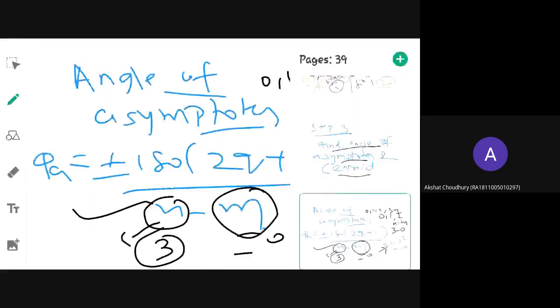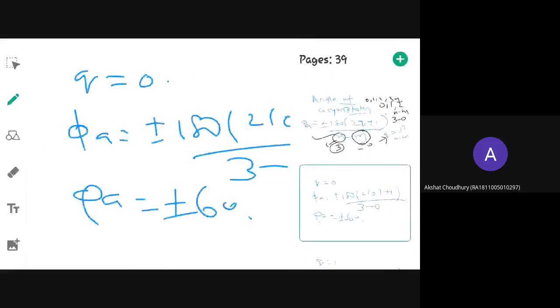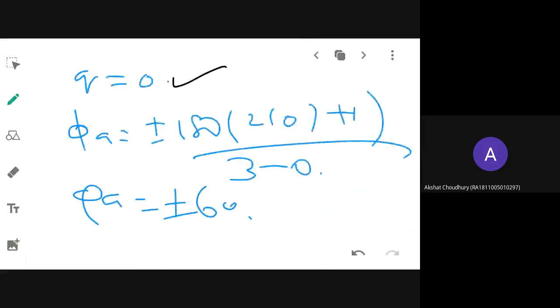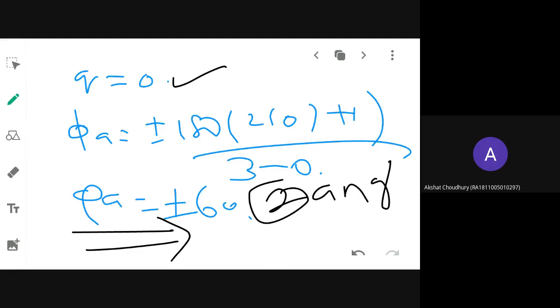So you will substitute q equal to 0 first. If you substitute q as 0, then what is the angle? You will get plus or minus 60. So 2 angles you have already got, and you can stop with this step. You need not find the angle of asymptotes for the second case where q is equal to 1.